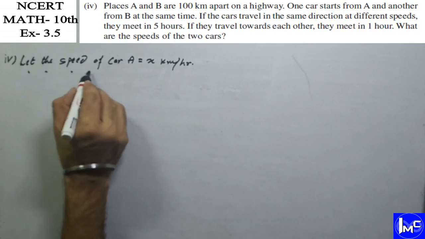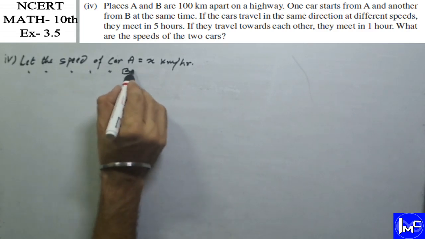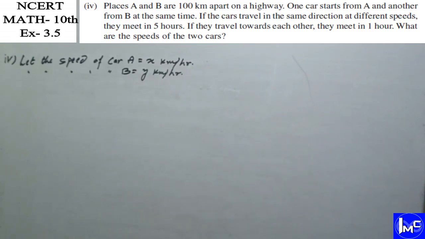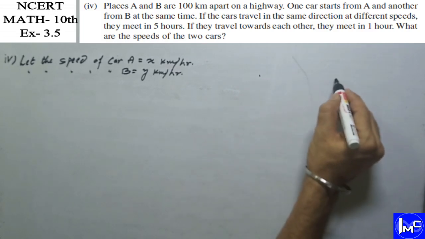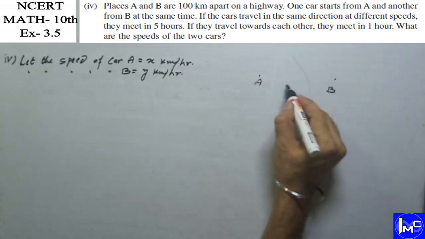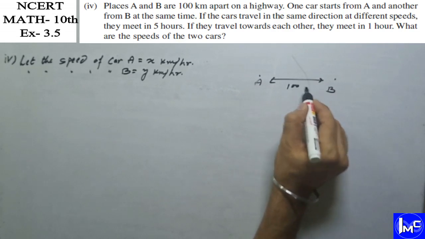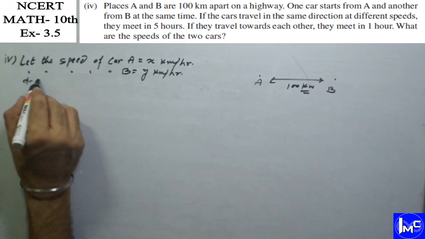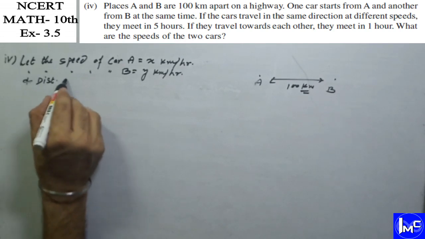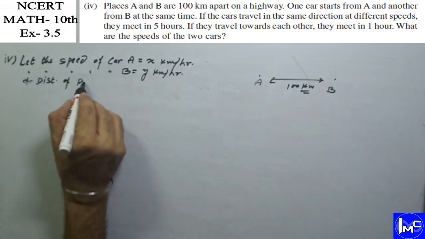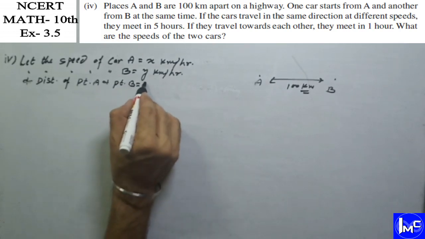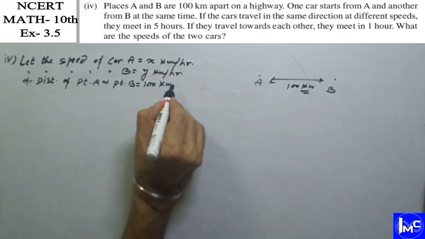Let the speed of car B be y kilometers per hour. And these two places are 100 kilometers apart, so the distance between point A and point B is 100 kilometers.